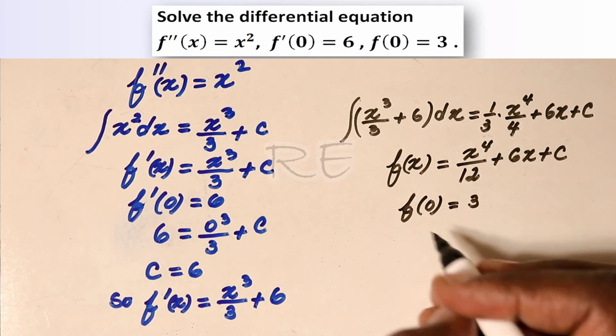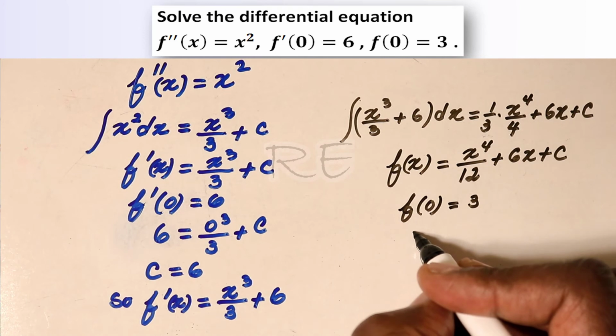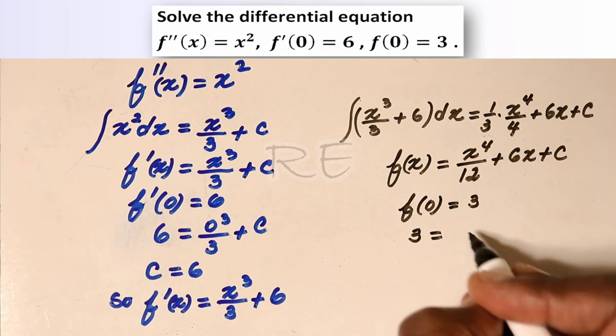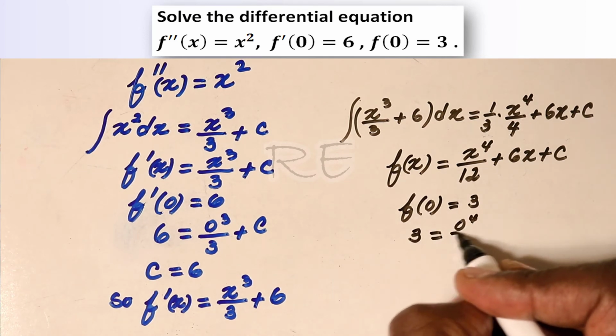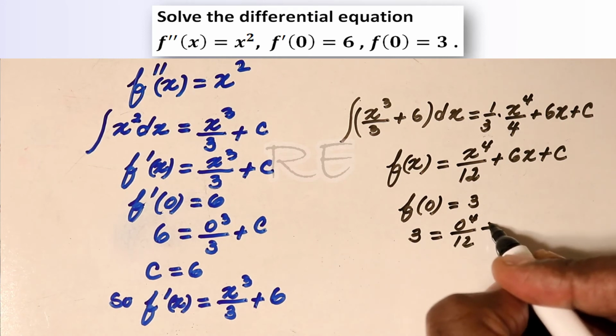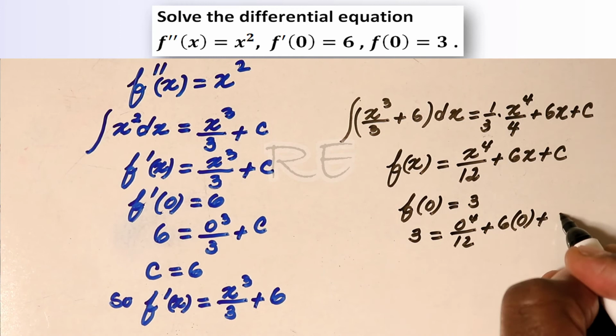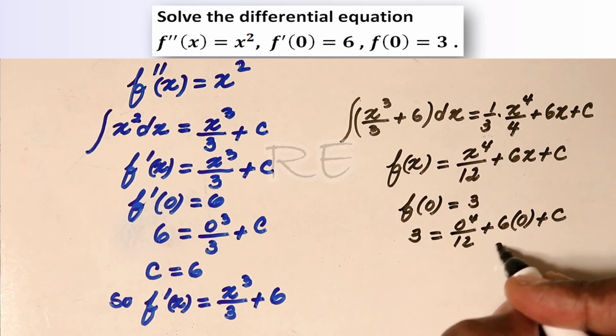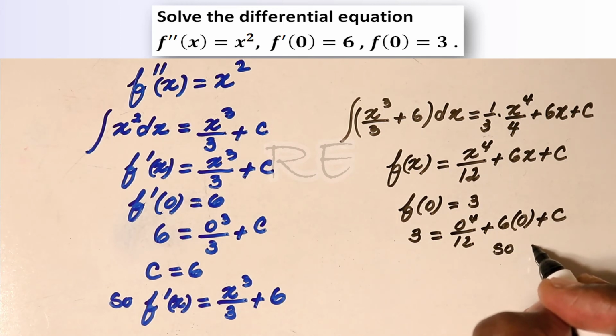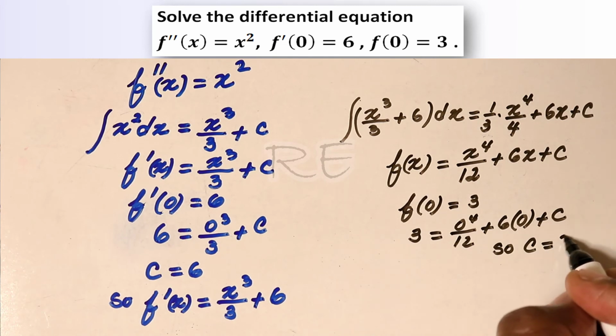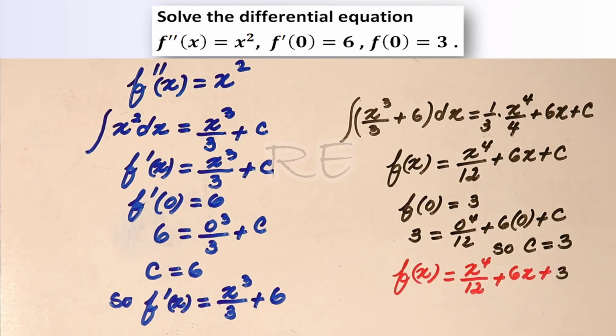Therefore, 3 is equal to 0 to the 4th divided by 12 plus 6 times 0 plus c. Now we have c equal to 3. Then we can write f of x as x to the 4th divided by 12 plus 6x plus 3.